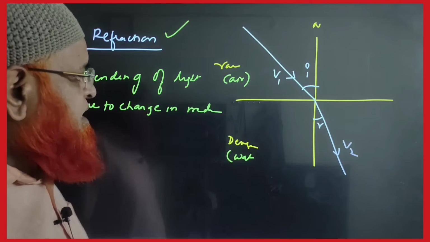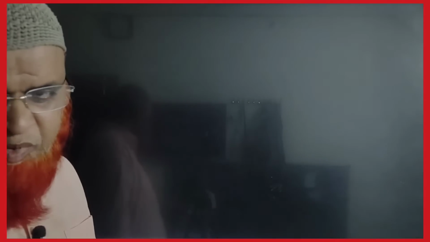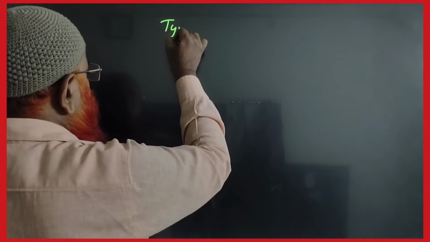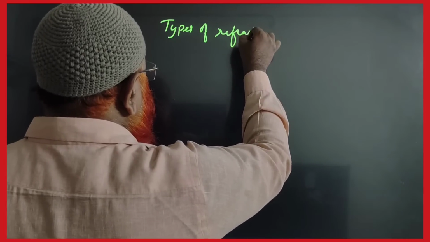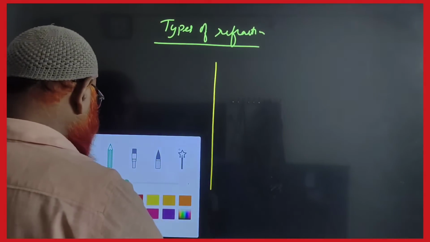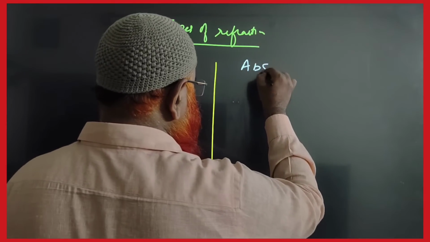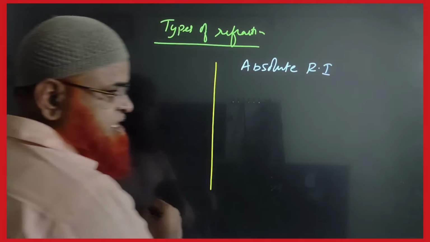Understand? So here, in this refraction, how many types of refractions are there? Did I explain about that? Generally, there are 2 types of refraction. One is said to be absolute refractive index.